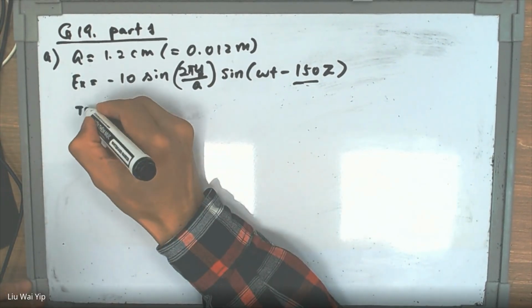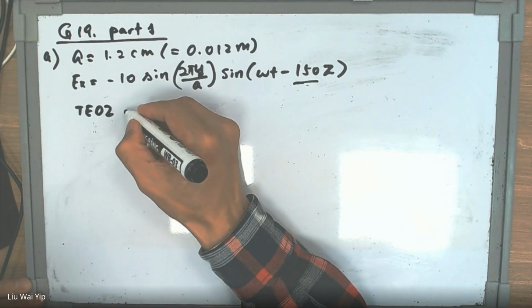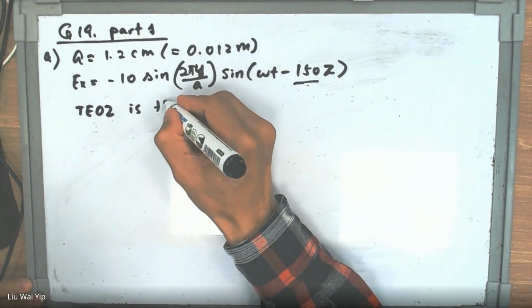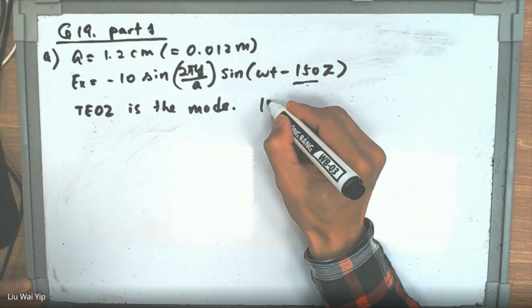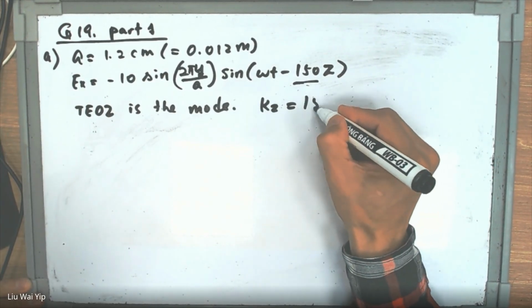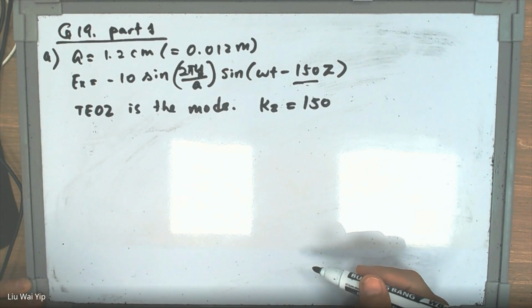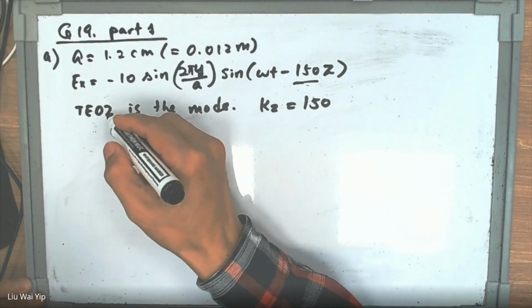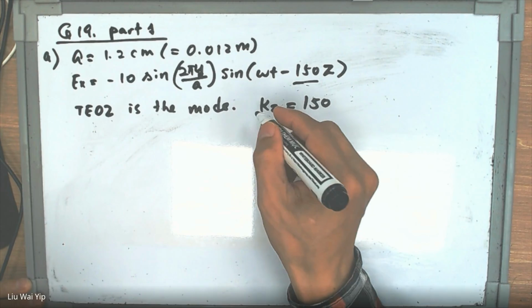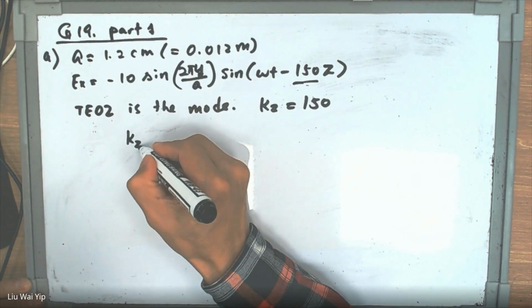TE02 is the mode, and kz is equal to 150. So this is very important.